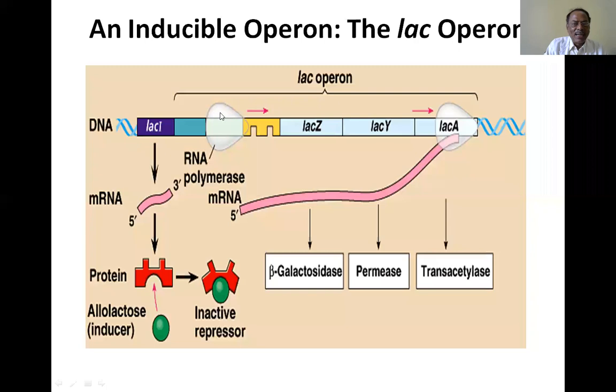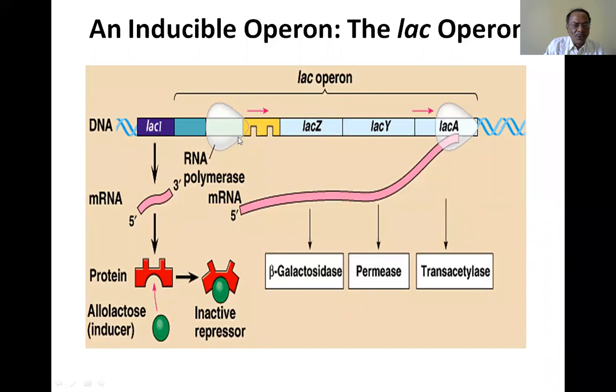This repressor protein always blocks these three genes from being transcribed by RNA polymerase, which adheres to the promoter area. The operator area either allows or stops the polymerase enzyme from going forward and transcribing these three genes.